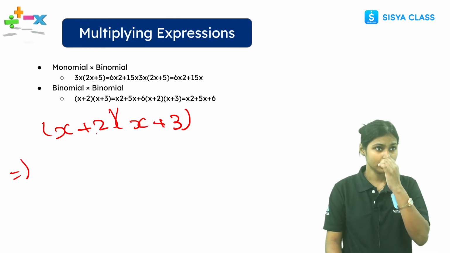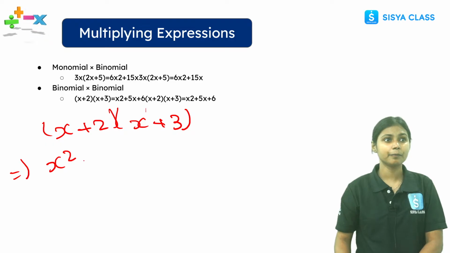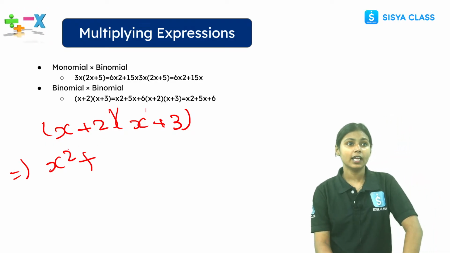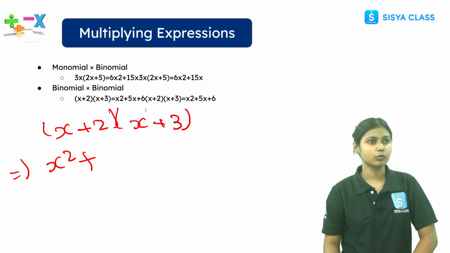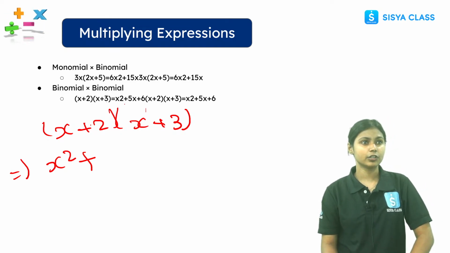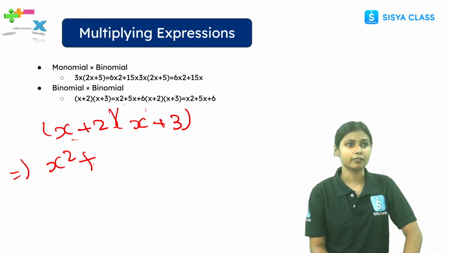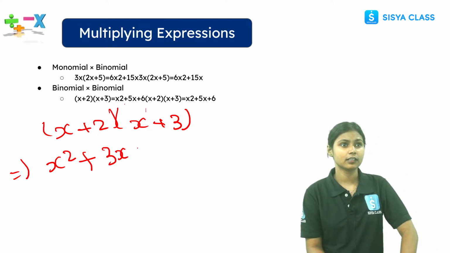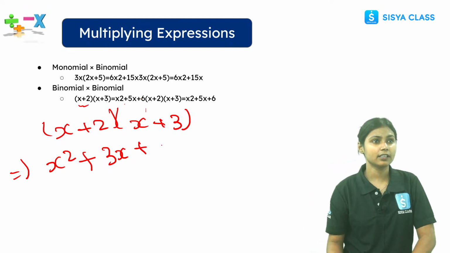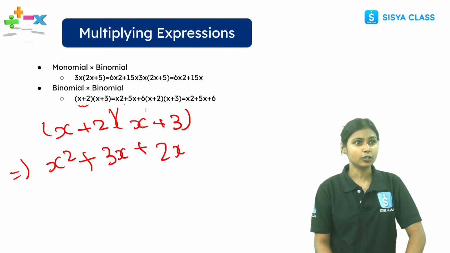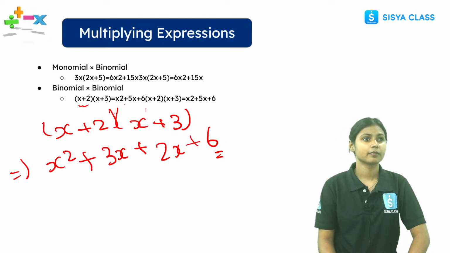It will be x multiplied by x, x square, plus x multiplied by 3, so it will be 3x, plus 2 multiplied by x, it will be 2x, and then 2 multiplied by 3, it will be 6.